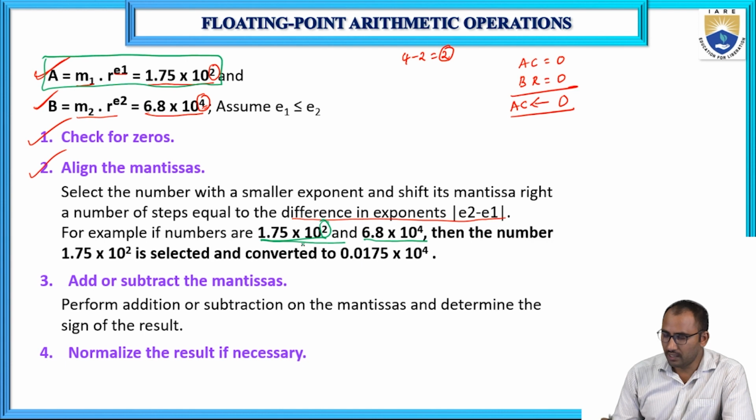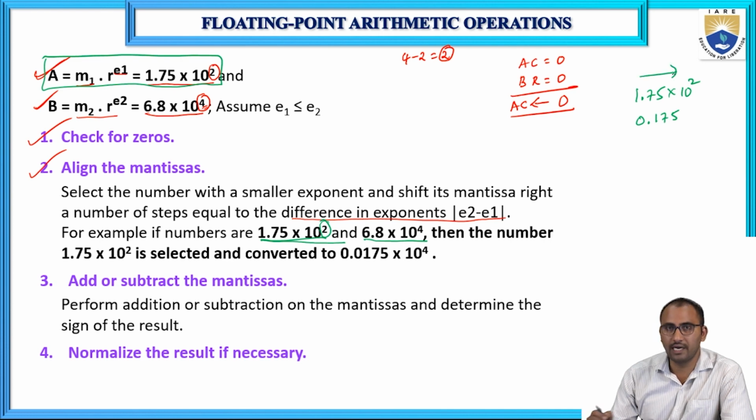The first number is 1.75 into 10 power 2. If I perform a 1 bit right shift, it will become 0.175. When we perform a shift right operation, zeros are added on the left side. That is why a 0 appears before the decimal point, and the 1 is moved to the right side.